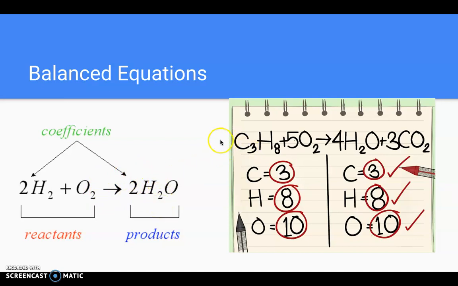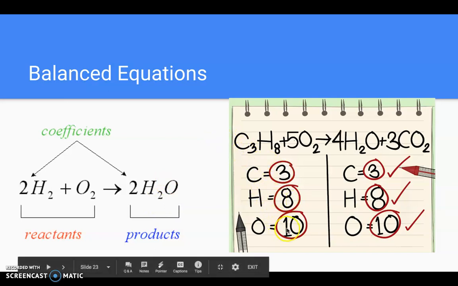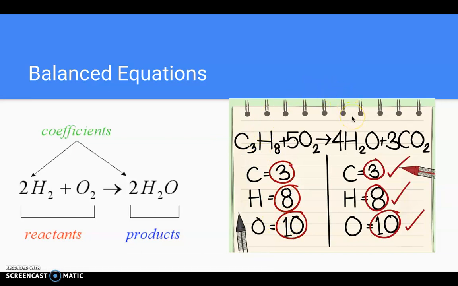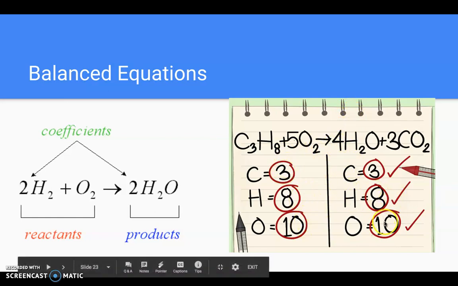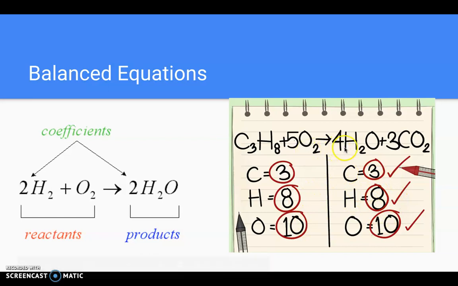What this diagram shows you is that each number is the same on the reactant side as the product side. So there's 3 carbon atoms, 8 hydrogen, 10 oxygen. But if you look from one side to the next, you'll notice that the numbers have kind of rearranged themselves.